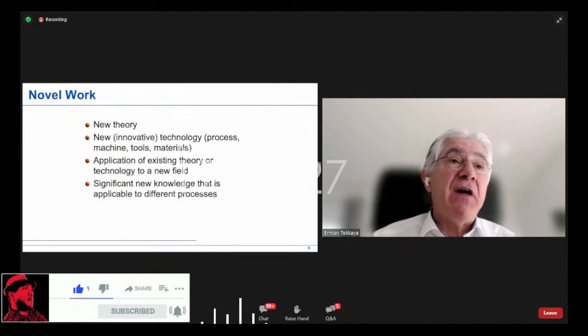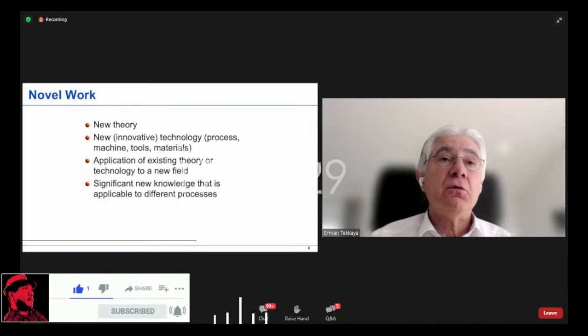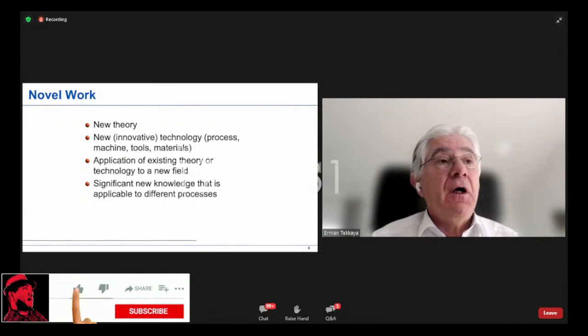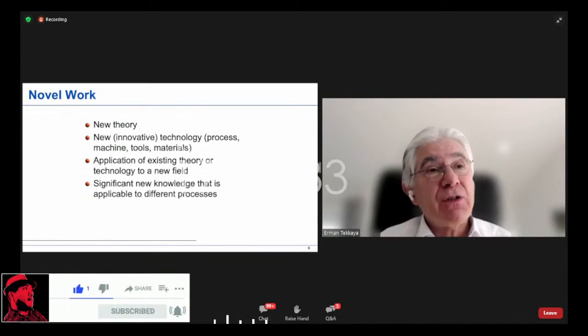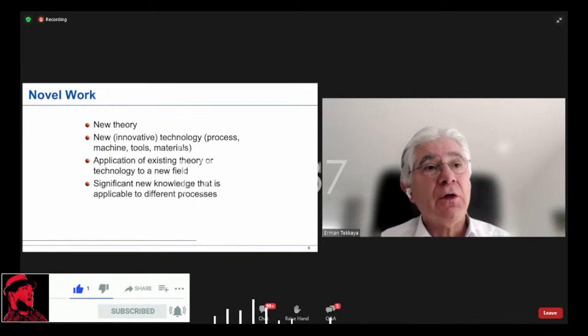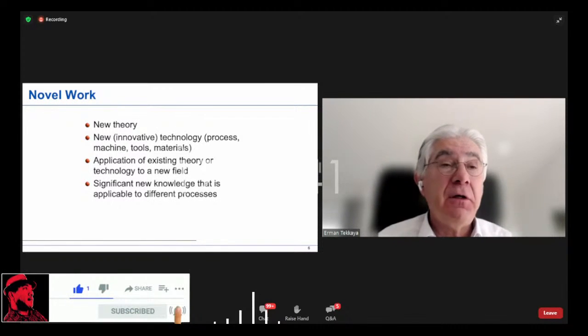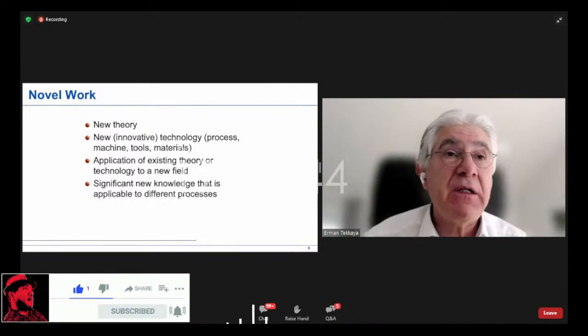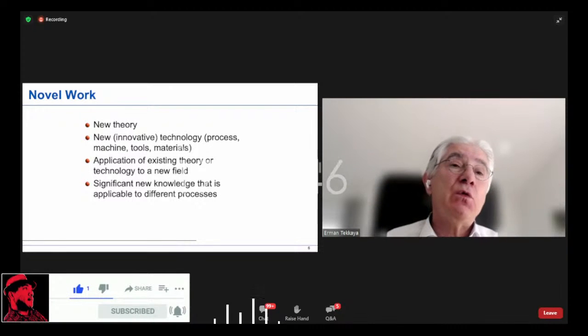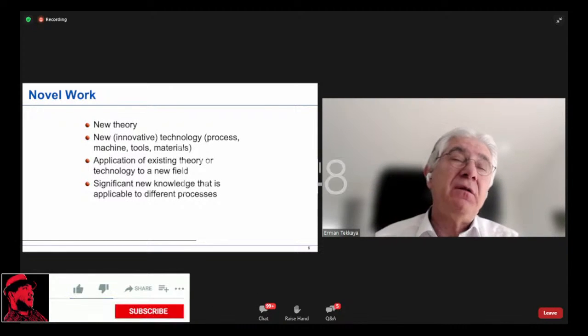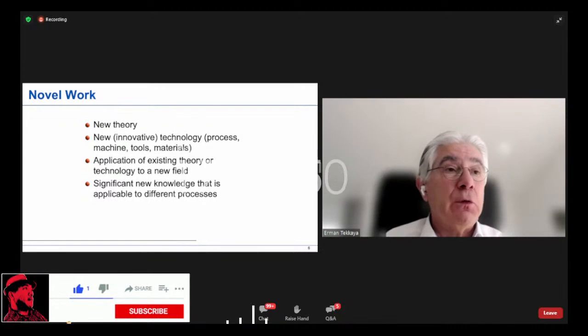You can invent new materials, new composite materials. It might be also the application of an existing theory or a technology to a new field. So you might take over a theory, for instance, the theory of plasticity, and apply it to a new process. That could be also a novel work.